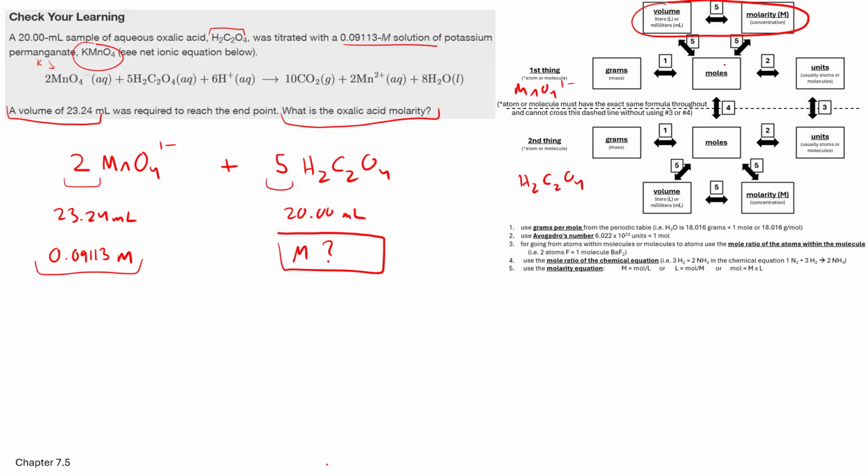We're going to convert that to moles of permanganate. Then we're going to go to moles of oxalic acid, and then they want the molarity. So we're going to go to the right again, and we're going to use this equation here. This is a very mobile conversion table. You can go anywhere you want as long as you have the right conversion stuff.